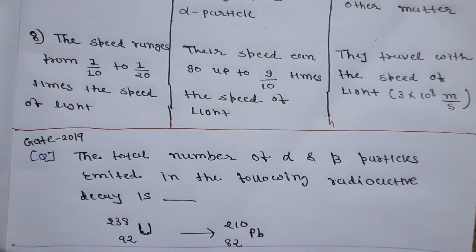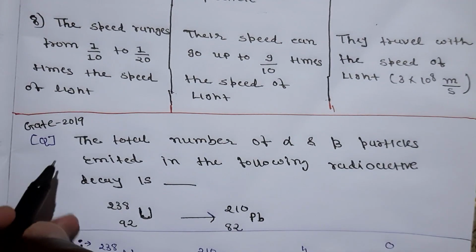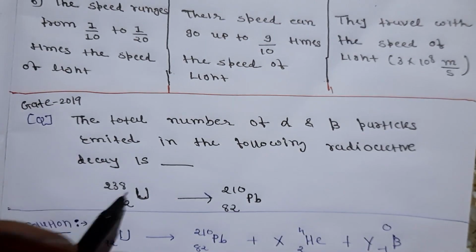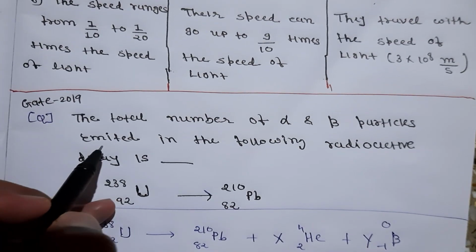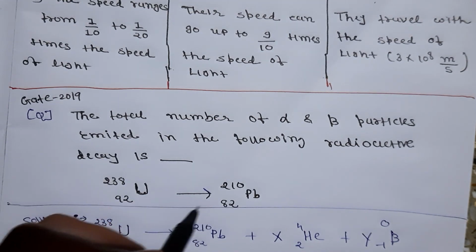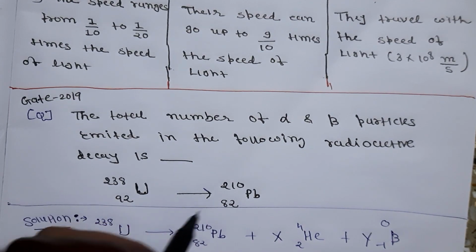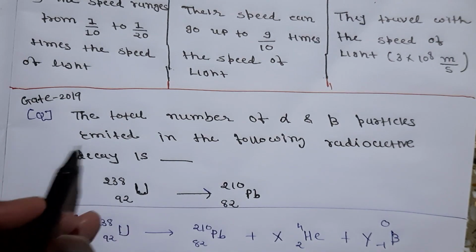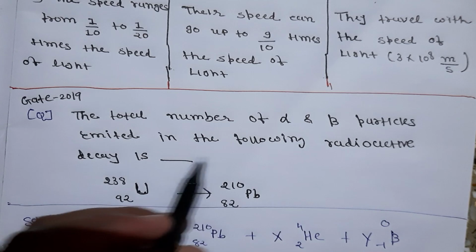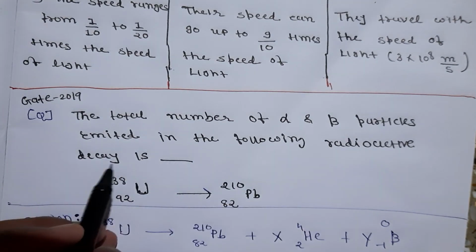Here we can practice a previous year GATE 2019 question. In this paper the question was very easy, and we can solve it with the help of this difference. The question was: find the total number of alpha and beta particles emitted in the following radioactive decay.